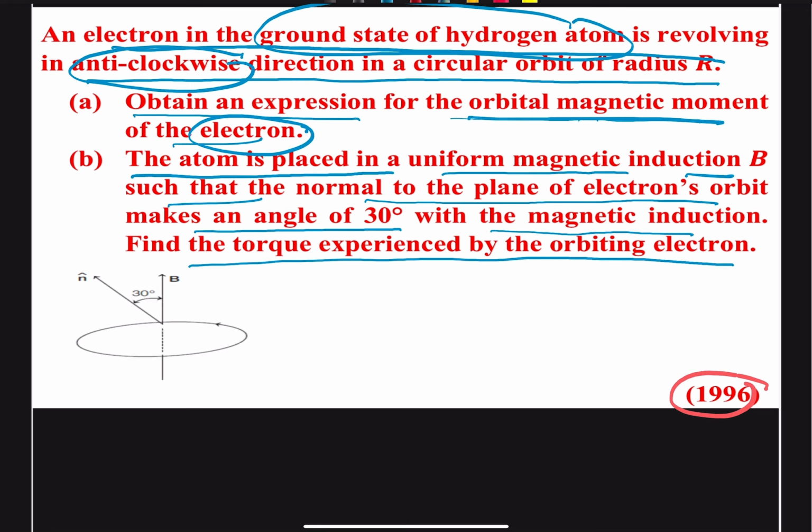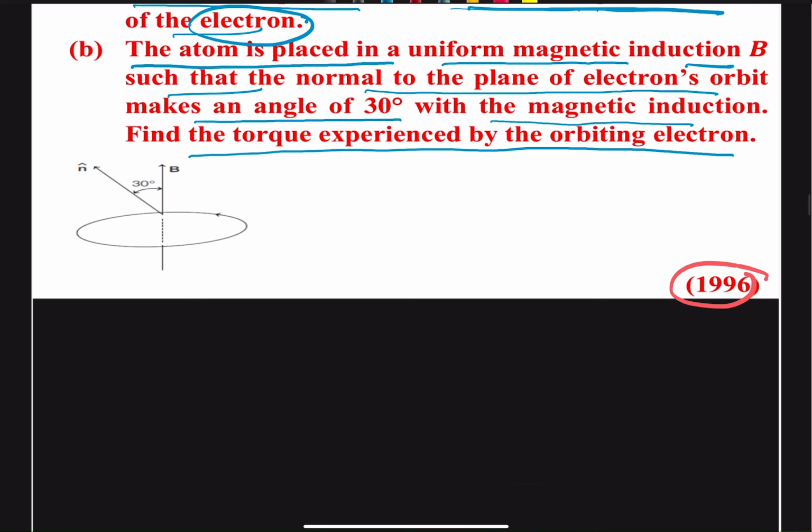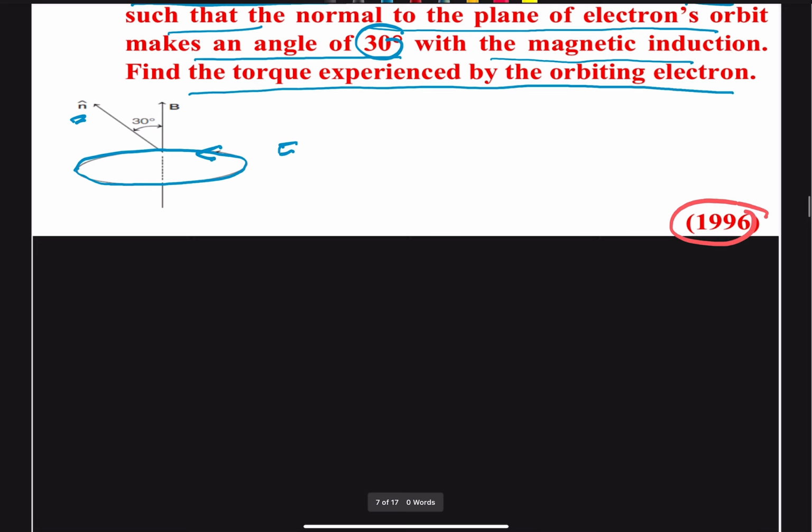So this is a figure. This is the orbit, and the magnetic field, and we have, you can say, an angle of 30 degree with the magnetic field. So first of all, we are going to find out the magnetic moment of the electron, and that electron is in Bohr's ground state.